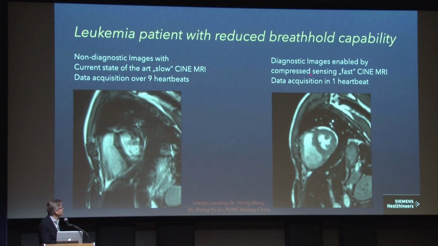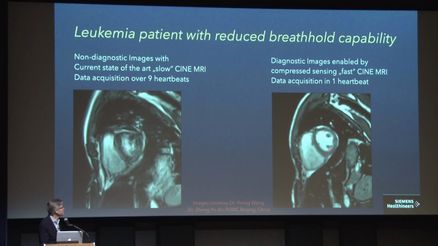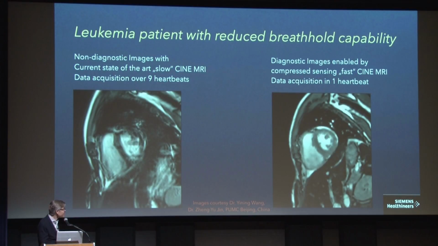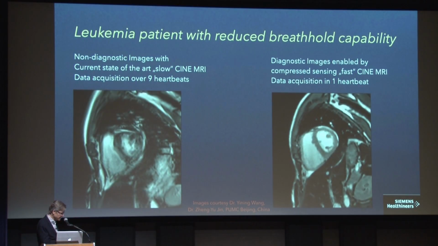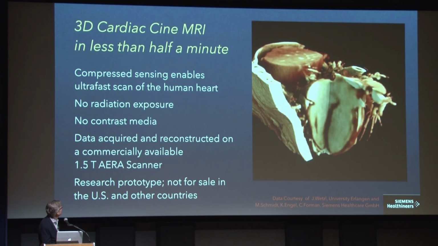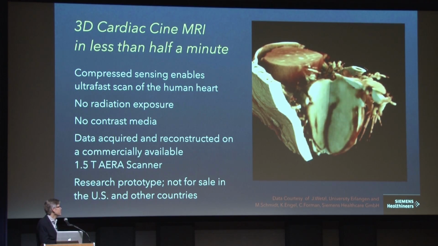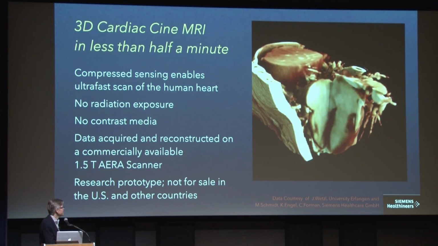On the other hand, you can get diagnostic images in one single heartbeat and create imagery that's quite sharp using the newer techniques of compressed sensing. In fact, you can even get 3D cardiac cine MRI in less than half a minute. This is quite different than what anyone would have thought 10 years ago. It's not yet a product, but these things are being done in routine research environments.